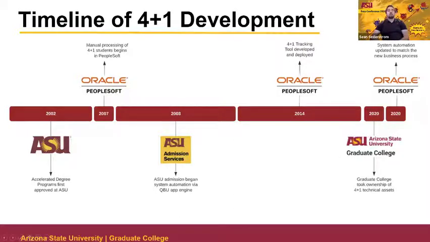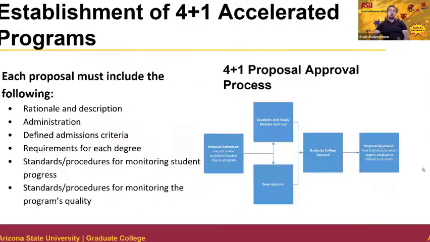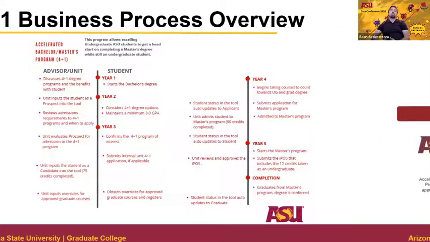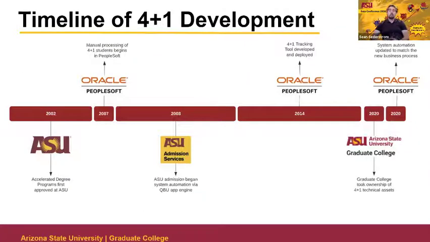And then this year, 2020, the graduate college has now taken over the technical components of 4+1. That being the accelerated applicant tracking tool, the system automation and the data management.